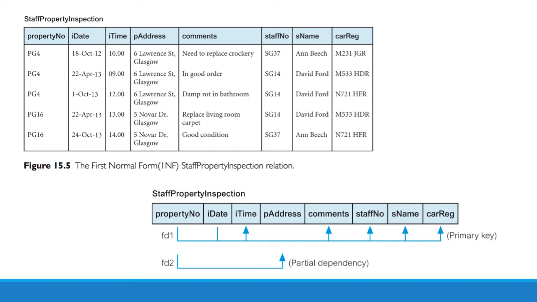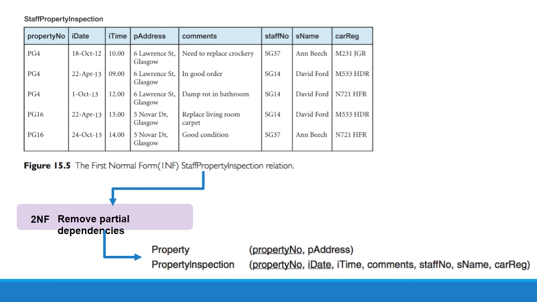For example, property number on its own determines the value of the attribute property address. So we can call this partial dependency. What we need to do in second NF is remove partial dependency. It's still easy, yeah?